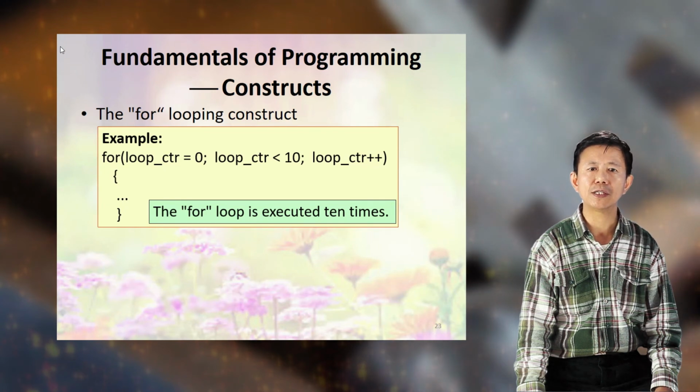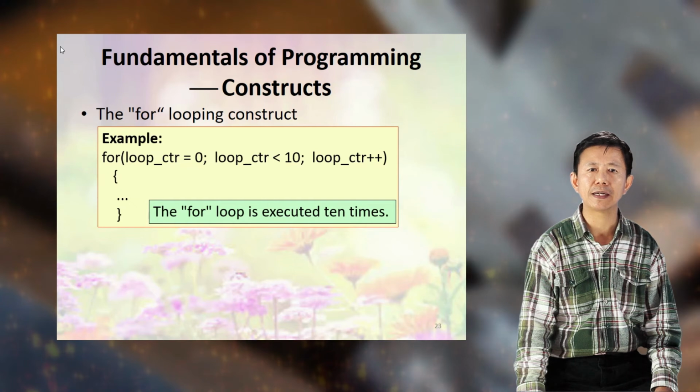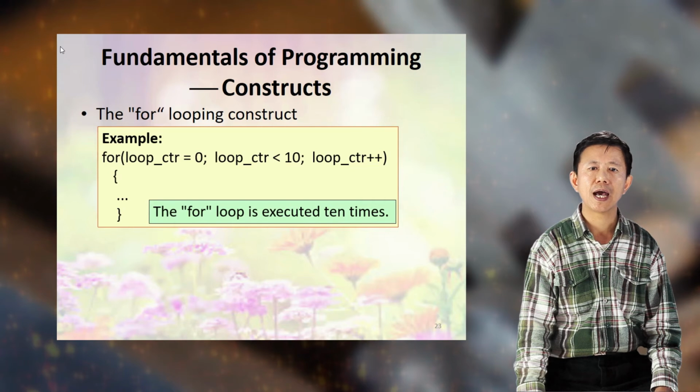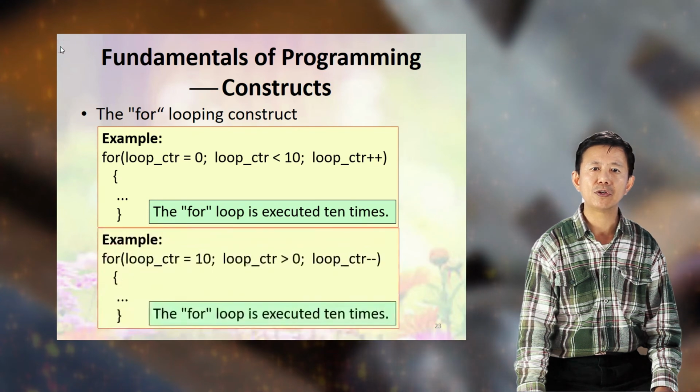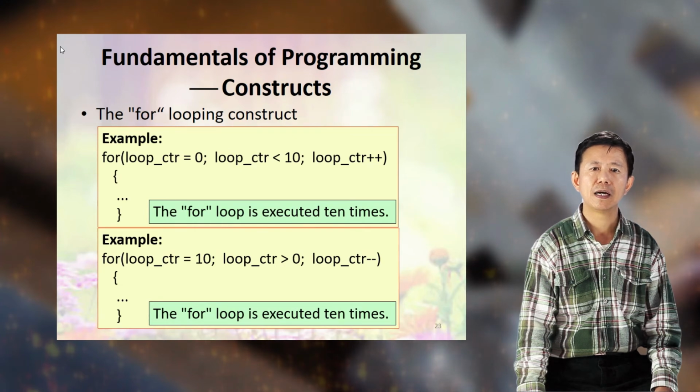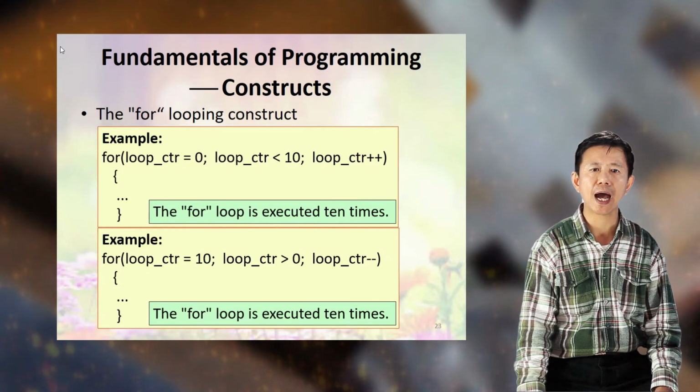The decision condition loop CTR less than 10 is checked to determine whether the loop should be executed, and the value of loop CTR is increased then. The loops continue until the decision condition is no longer true. The for loop in the second example is also executed 10 times, but the variable loop CTR is initialized as 10 and decreased by 1 every time.